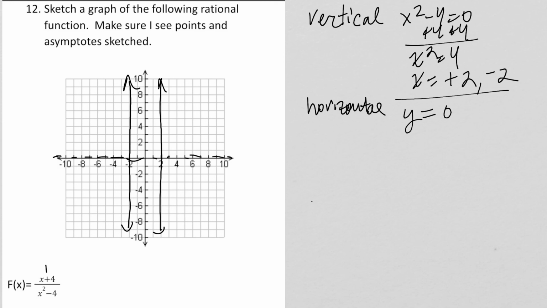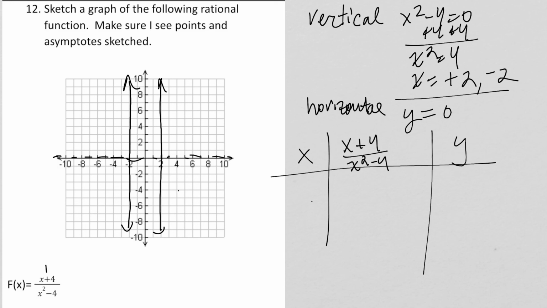I'm making it a dotted line. So I need to choose some test points to the left of negative 2, in the middle, and to the right. I'm going to plug them into the equation to see if the output is positive or negative, so I know the direction I'm going to be drawing in.